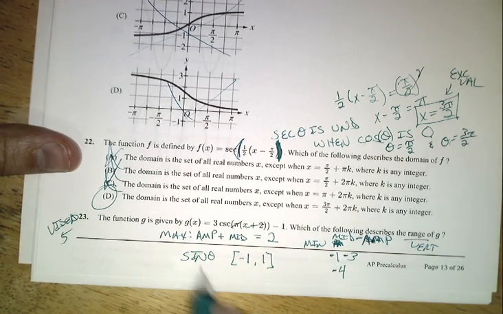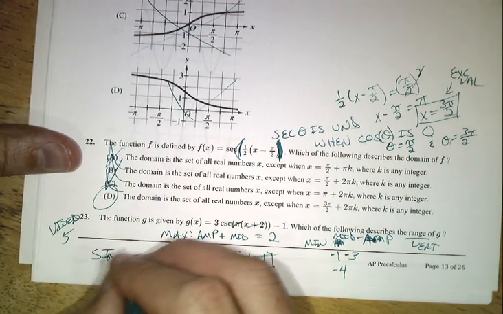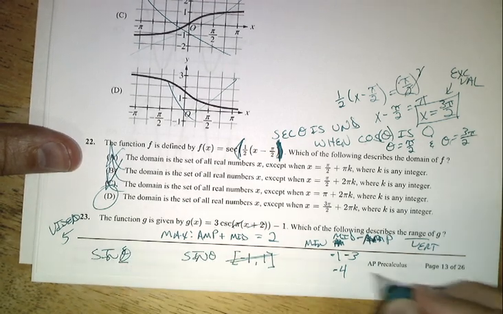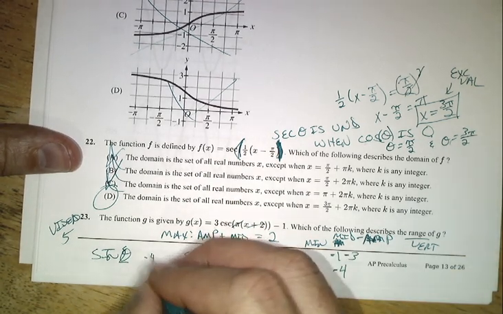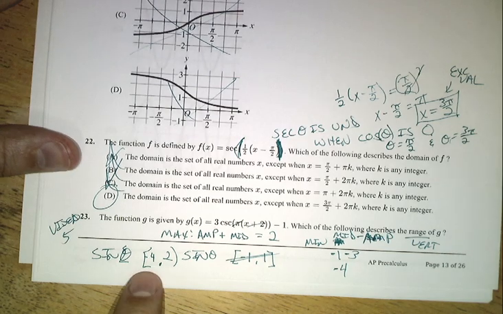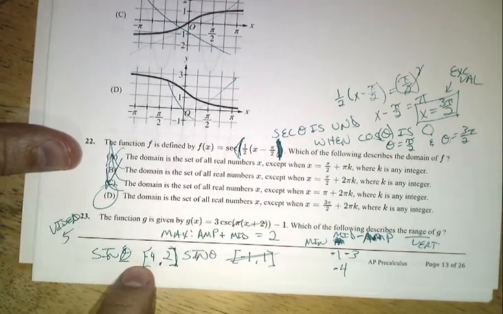So in this case, sine theta has a range from -4 to +2. This would be the range of sine.